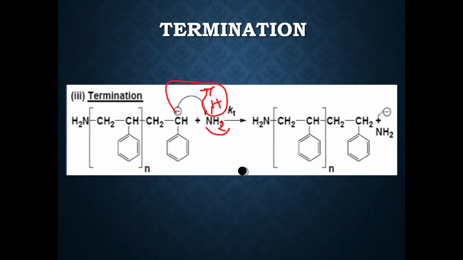So it is not reactive anymore to accept more monomers, leaving a negative amine group in the medium, which can attack another monomer if it exists and start another polymerization reaction.